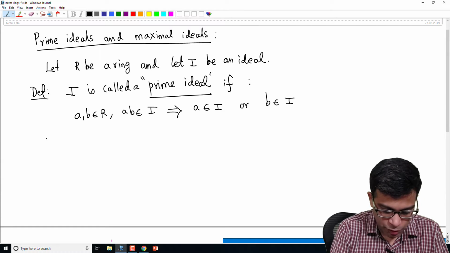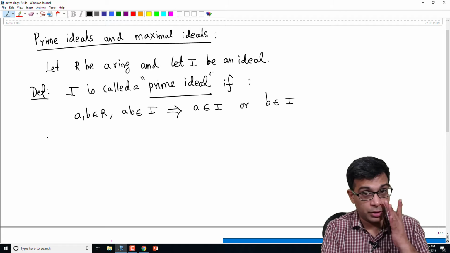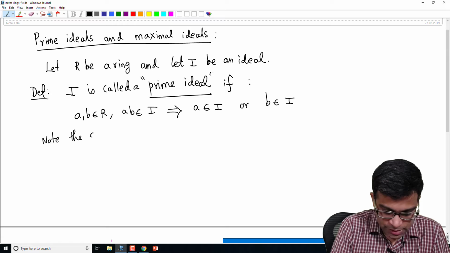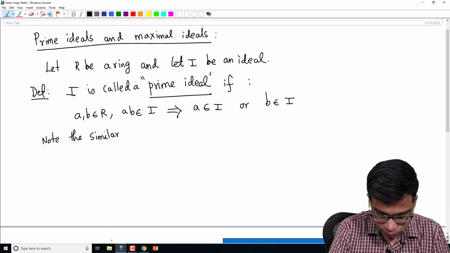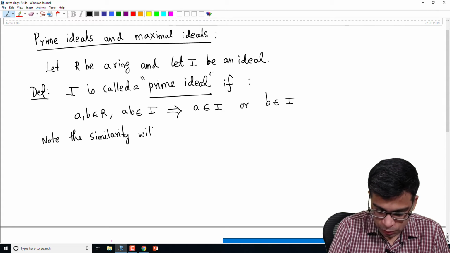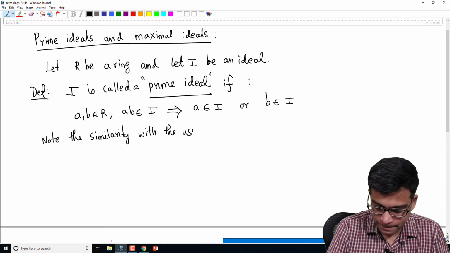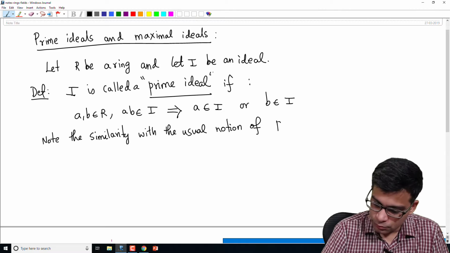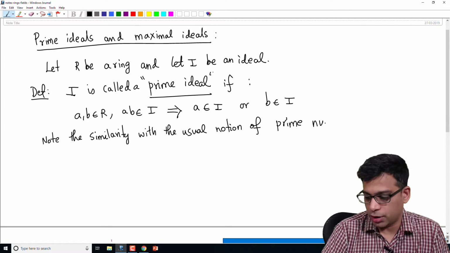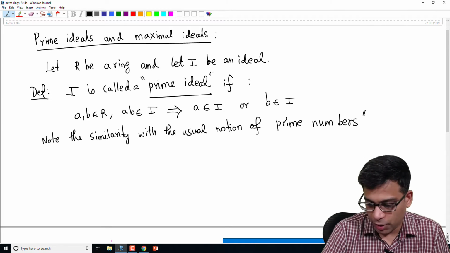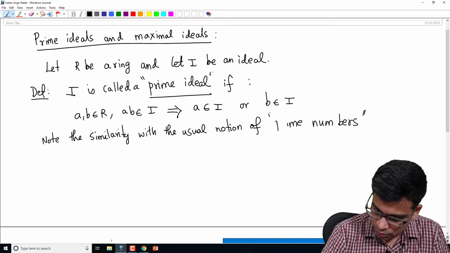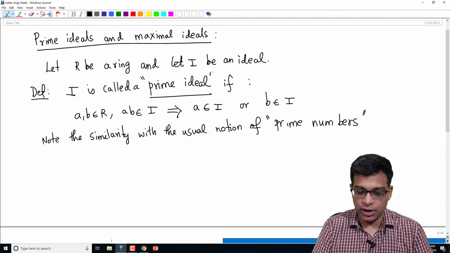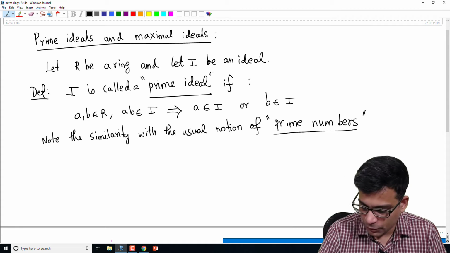So this is supposed to recall for you the notion of prime numbers. So note the similarity with the usual notion of prime numbers that you learned in school, right? I will tell you why this is similar, but this is why we call these prime ideals.